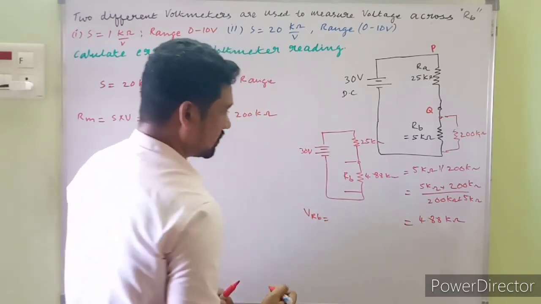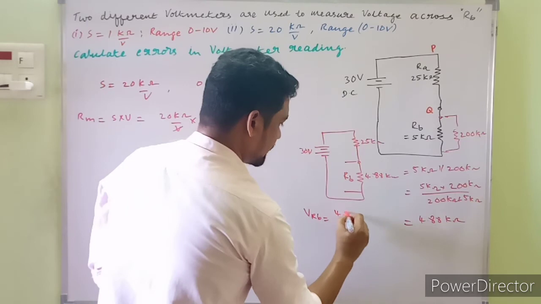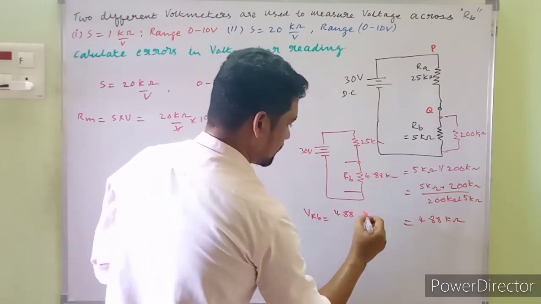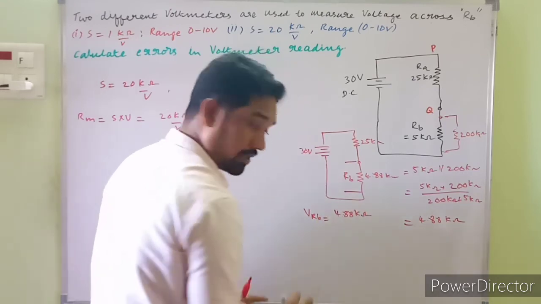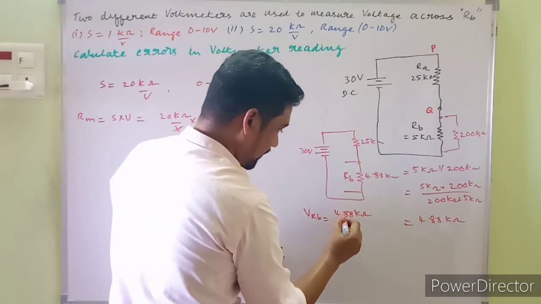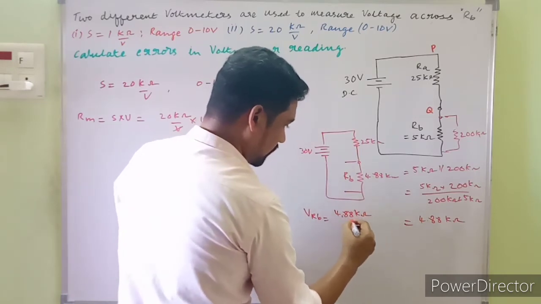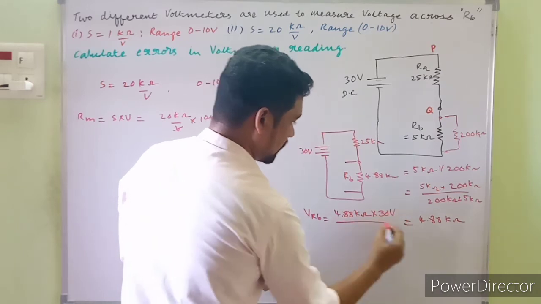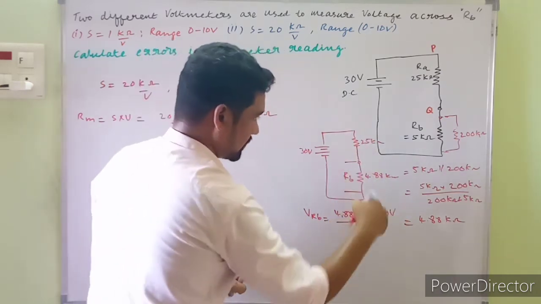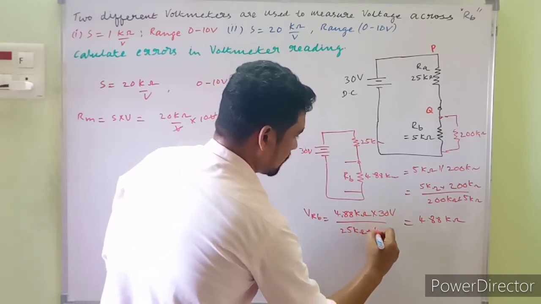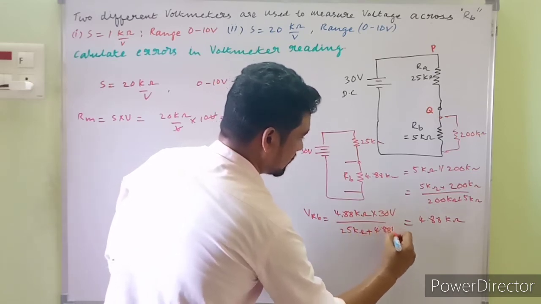VRB will be 4.88 kilo ohm into 30 volts upon the total resistance of the circuit, which is 25 kilo ohm plus 4.88 kilo ohm.